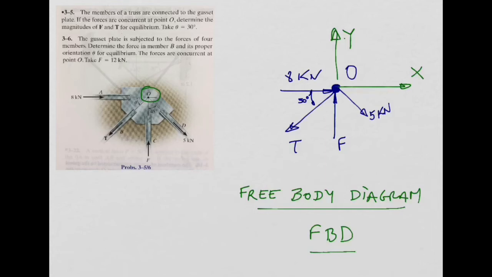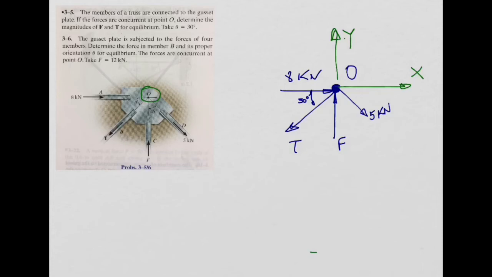So free body diagram, that's what we did. So what is the next step? What am I going to do now? I'm going to define all these vectors. So I'm going to start with this 8 kilonewton, okay? So this one here, I'm going to define this vector first, all right?